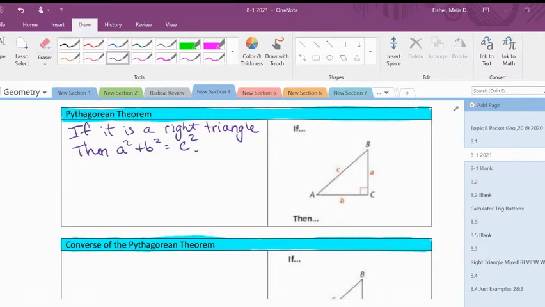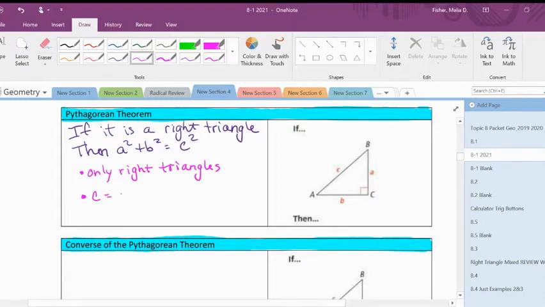Now there are 2 points that you need to remember. The first is that this only works for right triangles. Only for right triangles. And the second thing is that C is the hypotenuse, always.